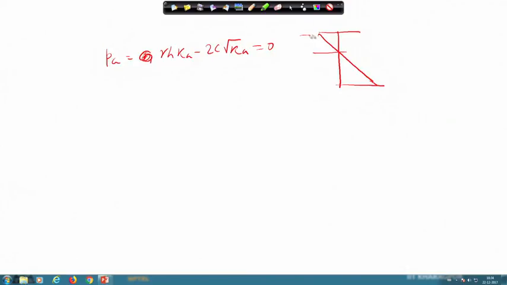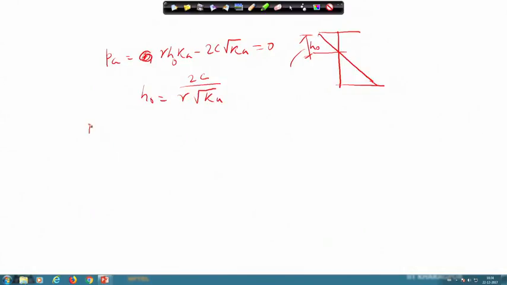I find a depth, suppose this is H naught, where pressure is 0. If I set it to 0, then H naught will be 2c by gamma root Ka.